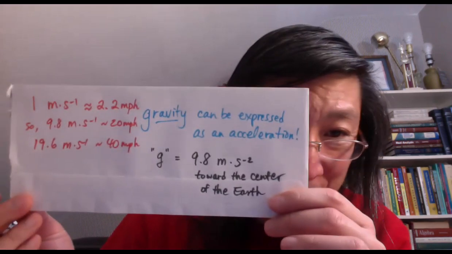Remember earlier we were doing the calculation, 9.8 times 2 is 19.6. 19.6 meters per second is about 40 miles per hour. Oh man, if something is free falling for 3 seconds, 60 miles an hour. And 4 seconds, 80 miles an hour. So this is why falling is not a good thing for you.